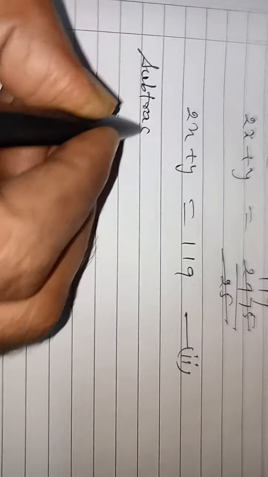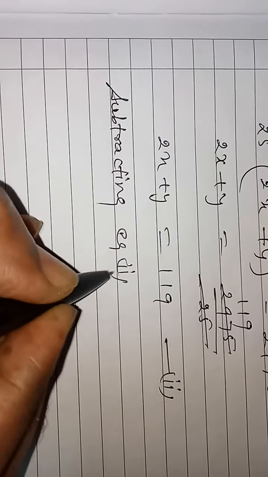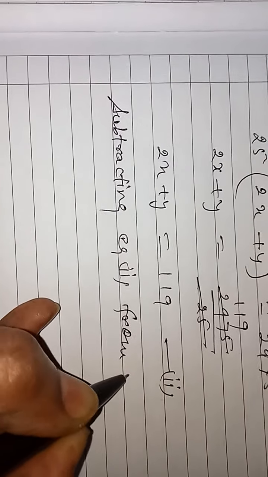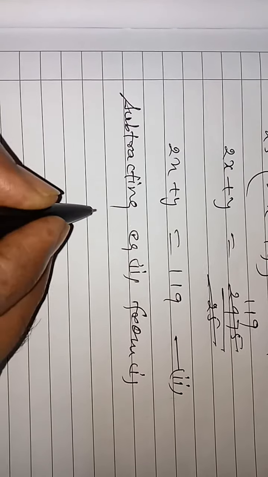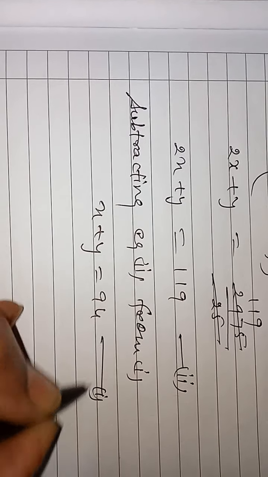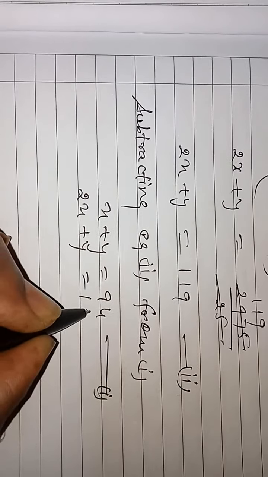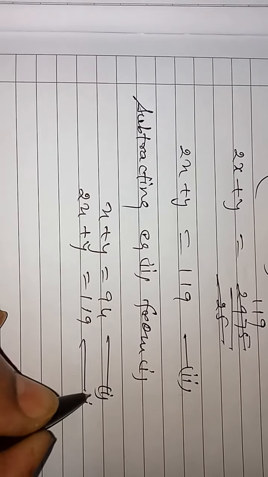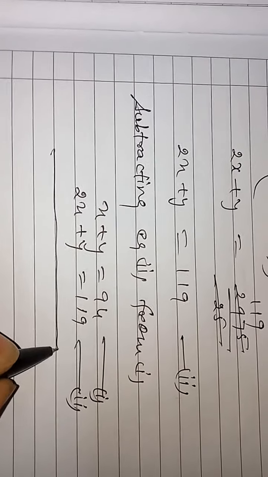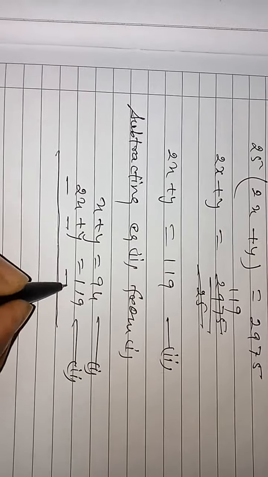Subtracting equation second from first. Equation first is x + y = 94 and second equation is 2x + y = 119. In subtraction, we change the sign of the lower terms: minus, minus, minus.